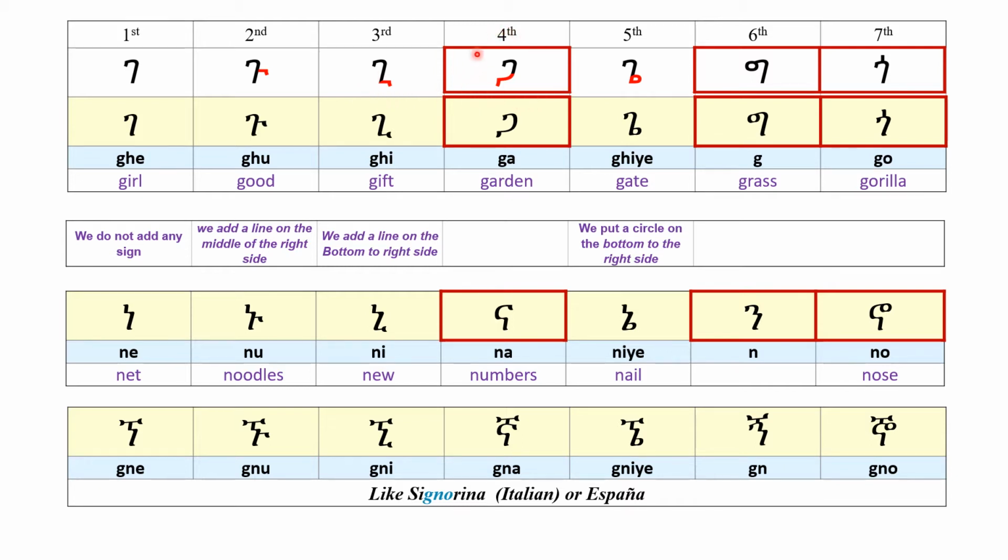Ga is irregular. Gie, we put a circle on the bottom to the right side. G is irregular and Go is also irregular.